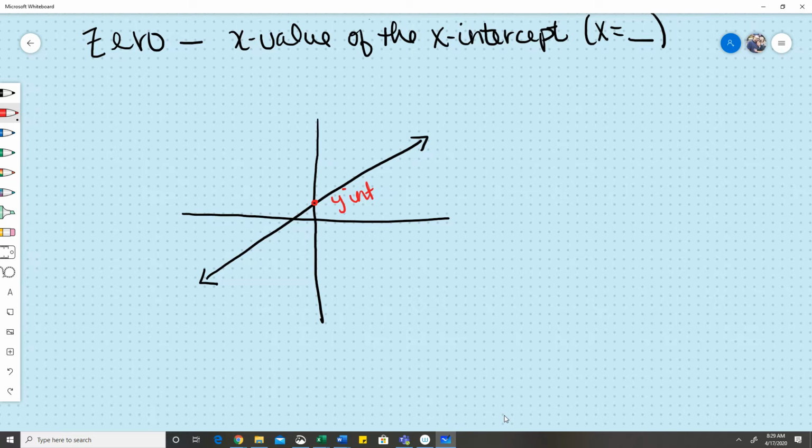Let's call that y-intercept (0, 1). My x-intercept is going to be right here. So we're going to call this x-intercept (-2, 0), which means that my zero is going to be x equals -2.